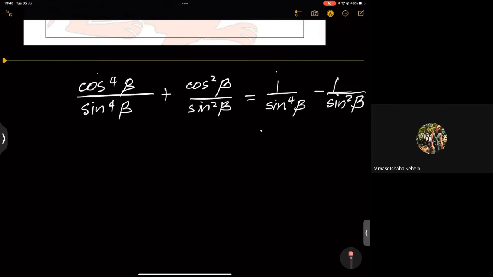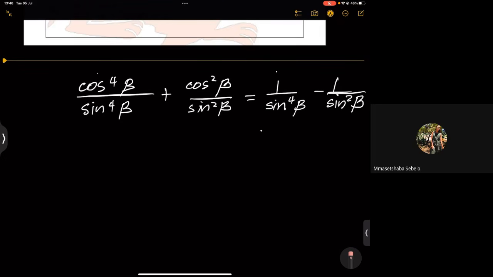So I'm looking at the right hand side. I'm trying to see what it is that I can change. But what I would, oh no, it won't work. I'm trying to think as quick as I can, but I can't.